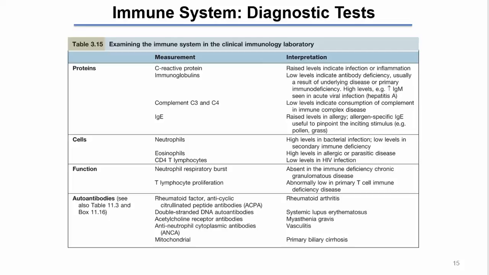High immunoglobulins mean that you have an infection. So high levels of IgM we see in viral infections. So we can look at them and indicate that there's something going on. Low levels mean that you have some sort of an immunodeficiency. And we look at that to see why people are chronically getting sick.